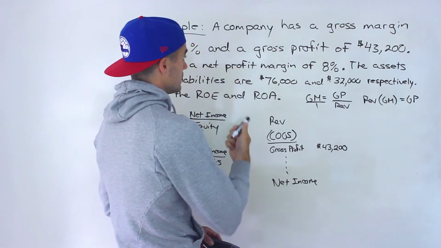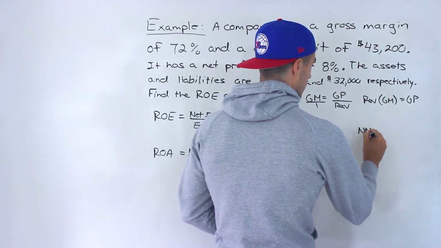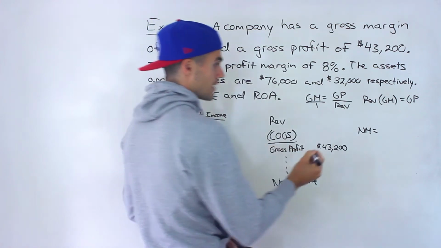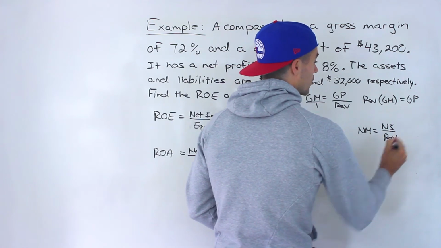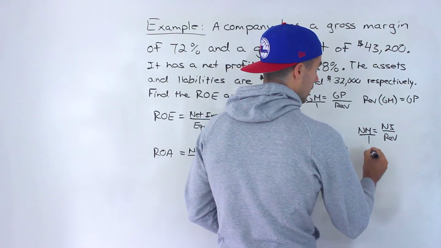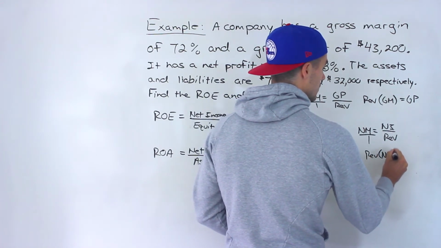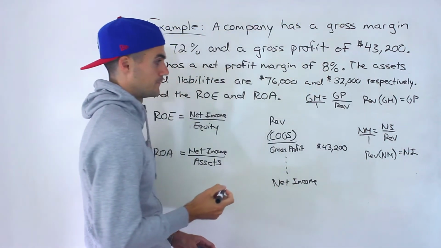And then we're also given the net profit margin. I'll label it as NM, the net profit margin of 8%, and that's equal to net income over revenue. If we rearrange this, we'll have the revenue times the net profit margin is equal to net income.